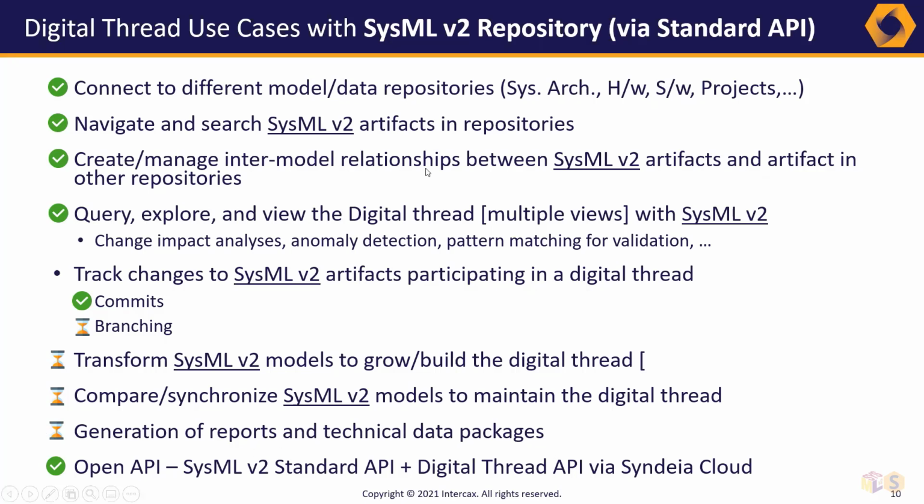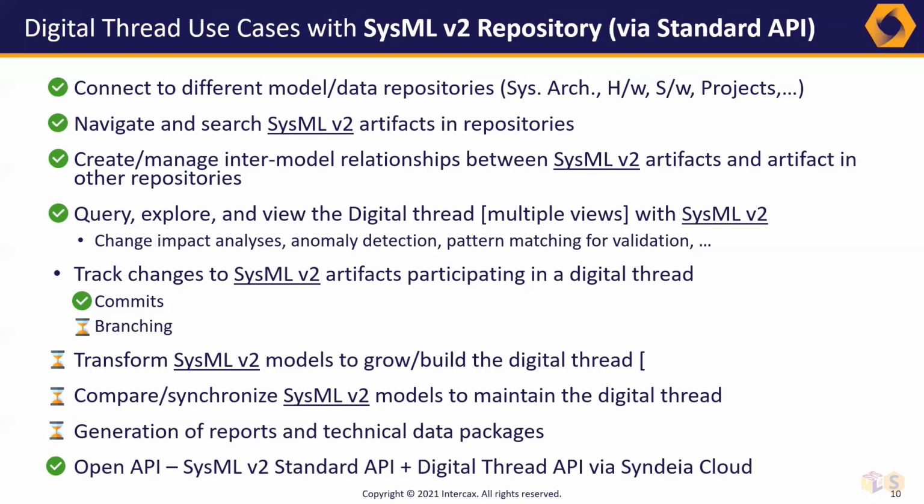For example, creating and managing the intermodel relationships from and to SysML v2 artifacts and other repositories. We also saw that we were able to explore and query the digital thread in various forms, either interactively, like exploring a friends of friends network in the digital thread explorer, or through a direct Gremlin graph query to figure out the intermodel relations and see it in the tree view as well.